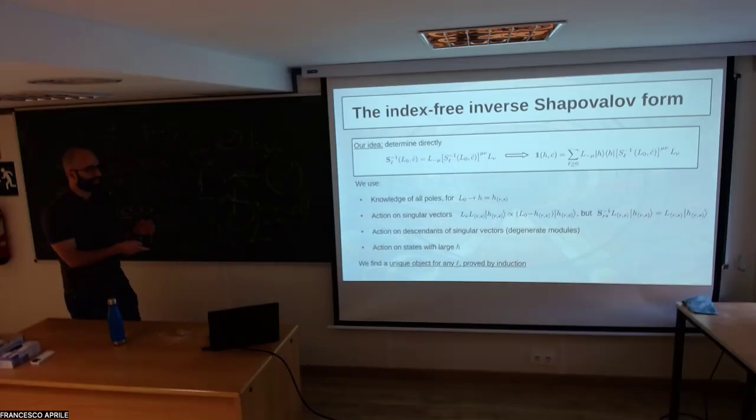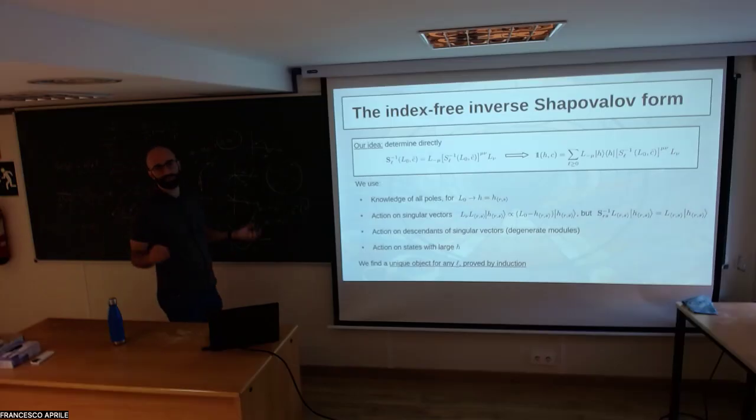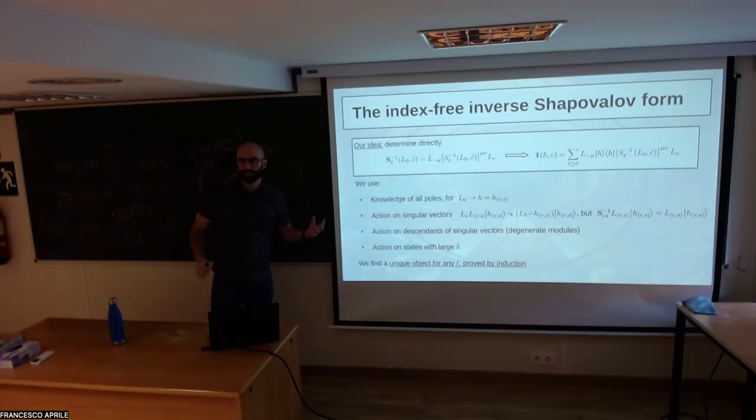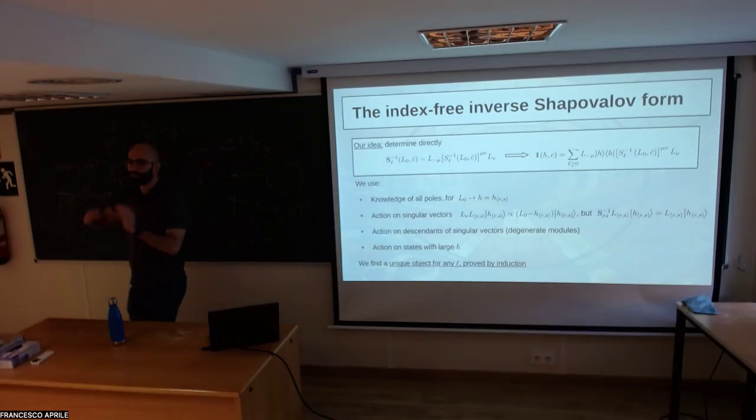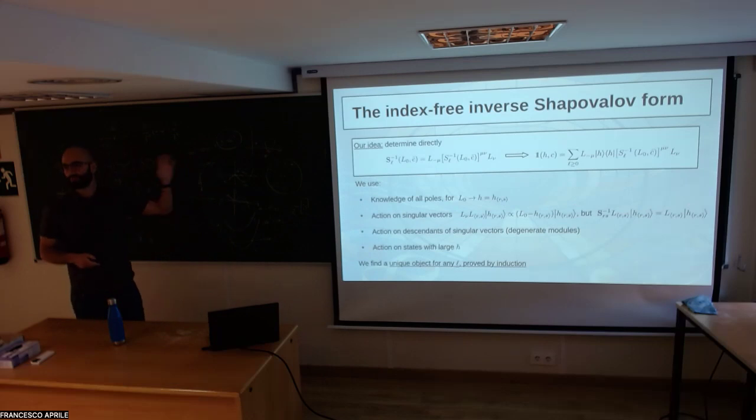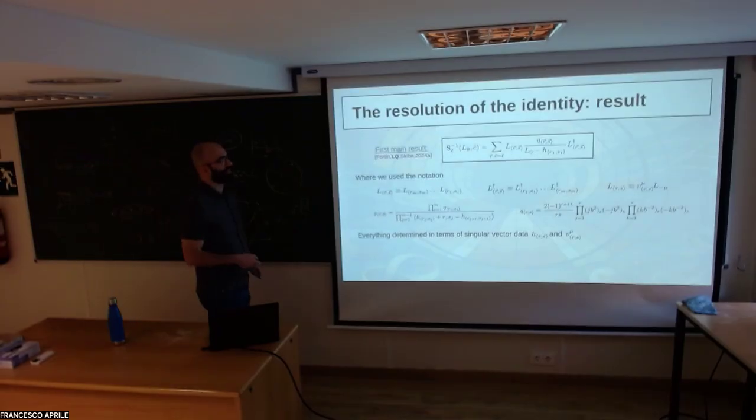We know that at large h, all of the properties must still be true. So without showing you the details of the proof, you can put all of these conditions together and prove by induction a certain form of this inverse Shapovalov form, which is the one presented here.